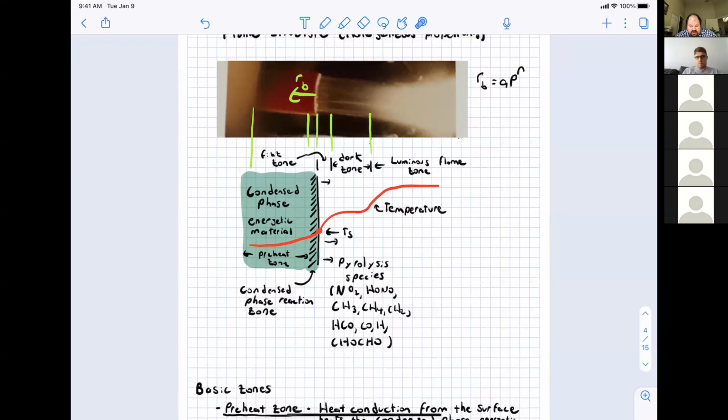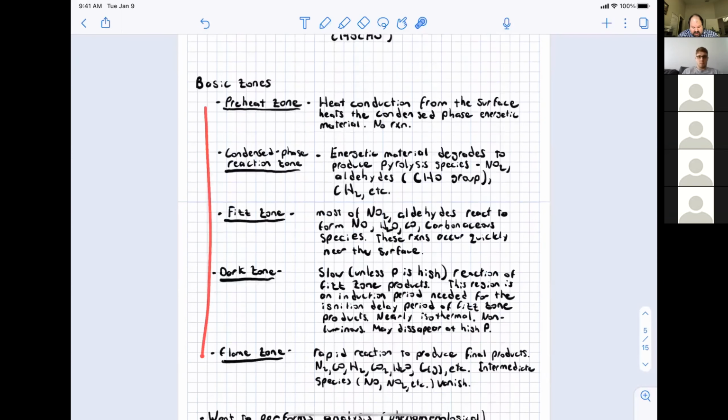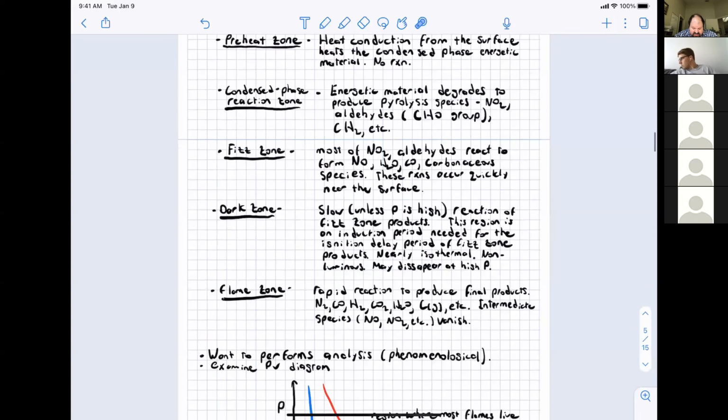After the combustion of the fizz zone layer, there's an ignition delay, and then those species chemically react to form the luminous zone of the flame, which you clearly see right there, and basically raise the temperature to the final adiabatic flame temperature for the propellant. Okay, and so I got the basic zones listed here, and I just discussed those.